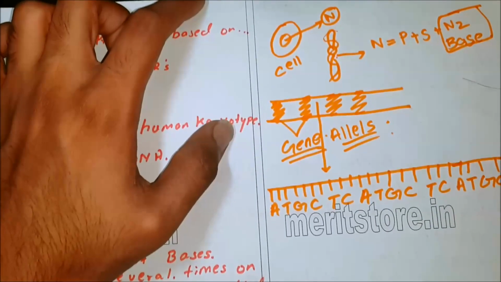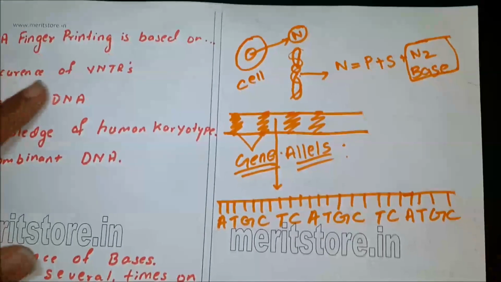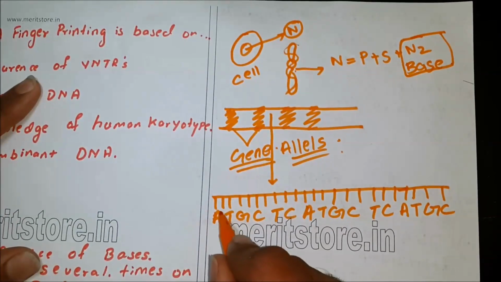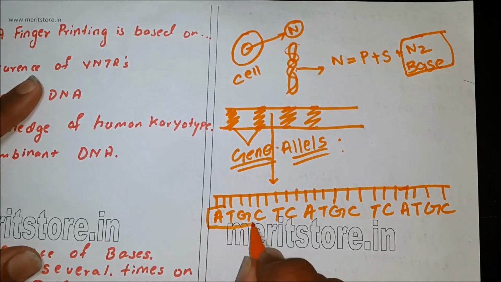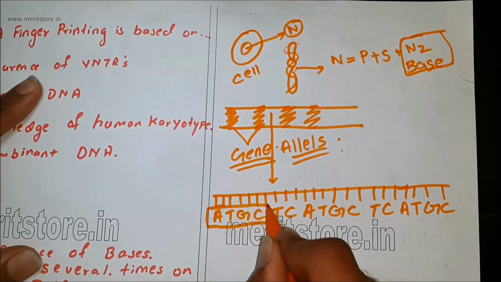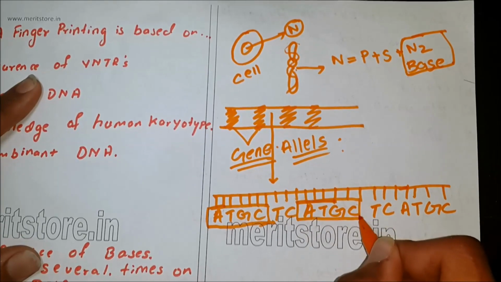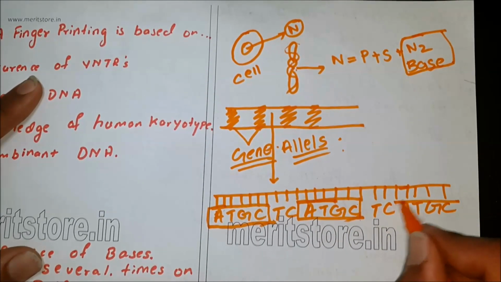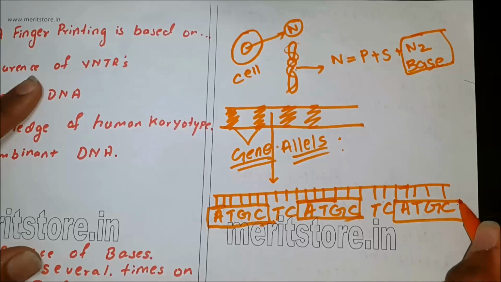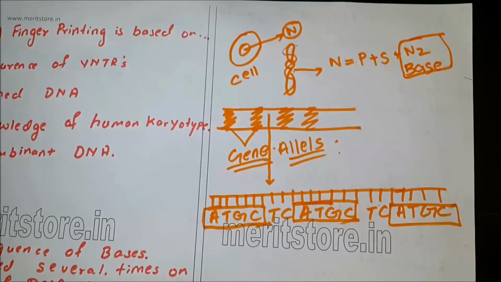Now, if you pay close attention, you will see that the letters A, T, G, C keep repeating. So these are tandems that keep repeating.